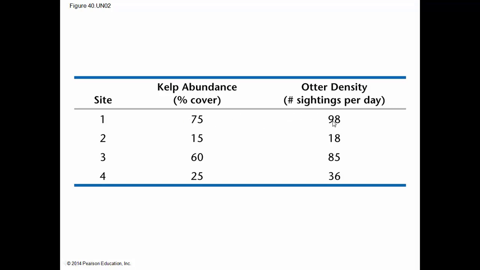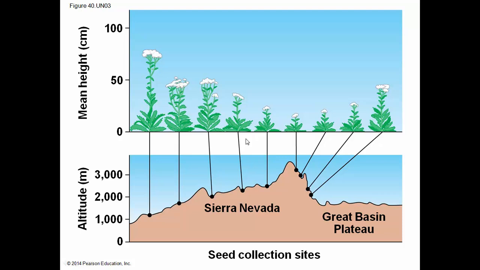So here's a high rate of otter sightings, high rate of kelp; low rate of otter sightings, low rate of kelp, because it implies that the sea urchins are in this population. Okay, so you get the idea of the way the abiotic factors are interacting to create the conditions necessary for populations to thrive or be impacted in different circumstances.